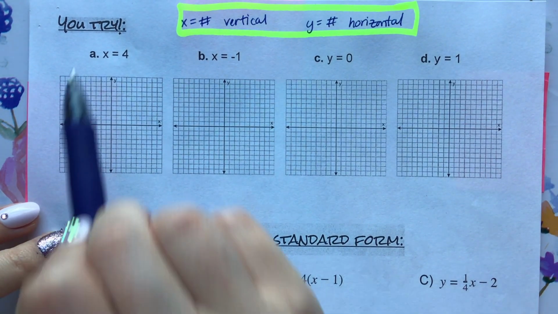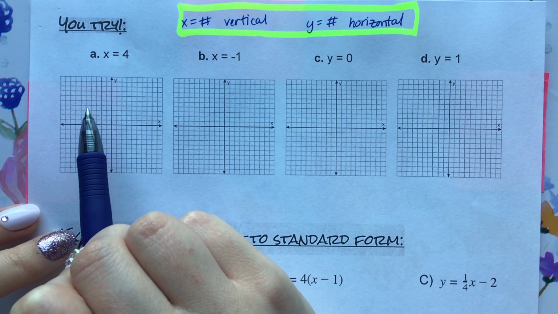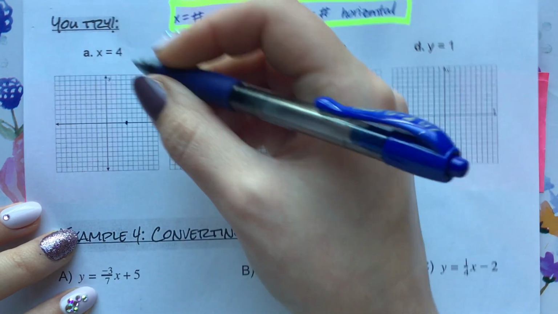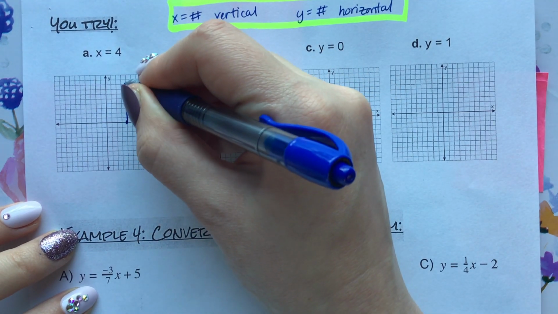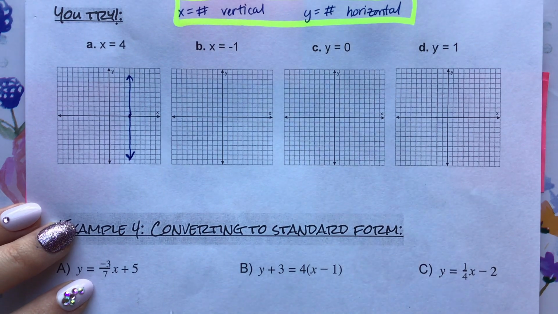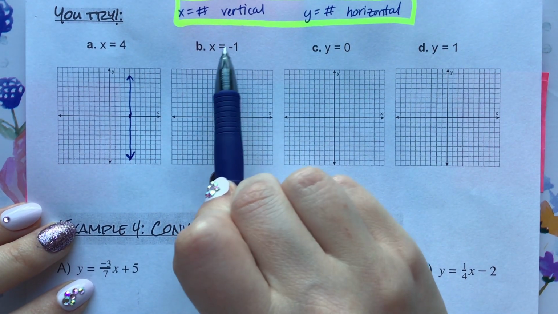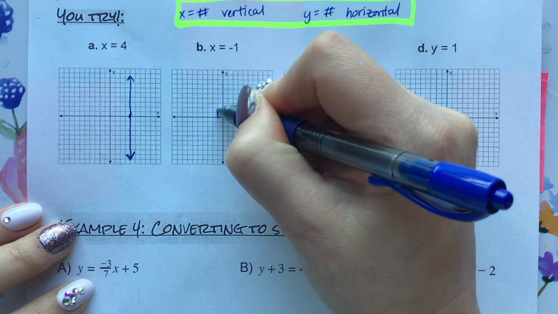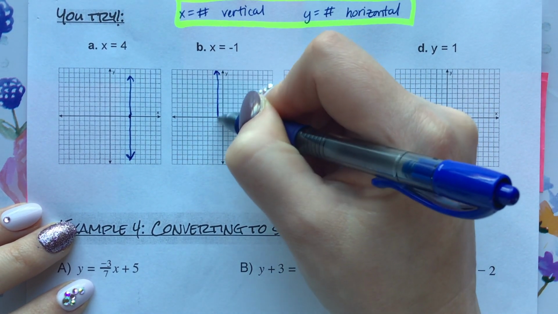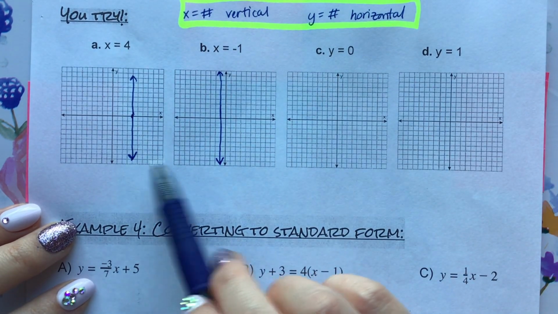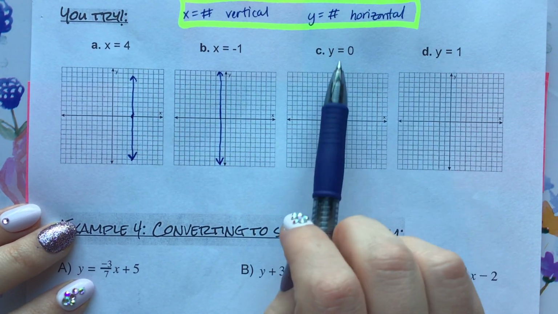Okay. X equals 4. Well, we know it's going to be a vertical line, so I can just go over 4, 1, 2, 3, 4 right here, and then I can draw my vertical line through that. X equals -1. Because it's X equals a number, it is vertical. So now I'm going to go back to -1 and put a line through that as well. Notice these are not functions, but these next two are.